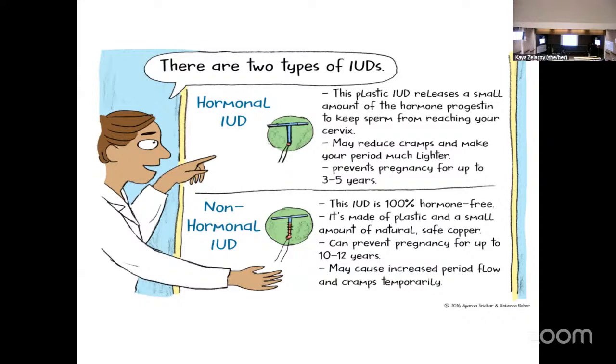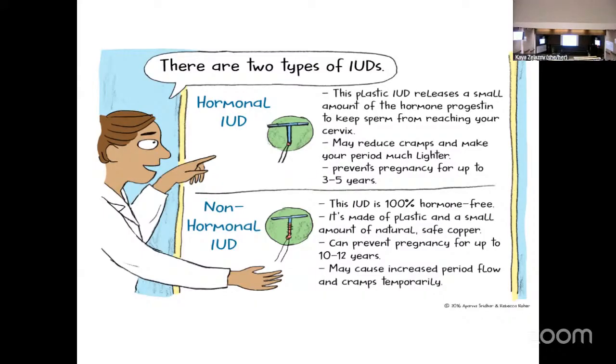This is going to have the same effects that progestin does in a combined birth control pill. So this is going to change the cervical mucus in order to plug up the cervix and block sperm from traveling through.